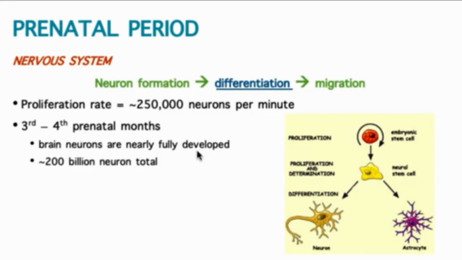Remember, we said that typically growth is going to happen in a cephalocaudal direction, starting from the head, moving towards the tail. And this is why, right? Because we have to formulate the brain first so that the rest of our organs and other body systems can start to develop in the way that they're supposed to, and we're building the connections that we need.